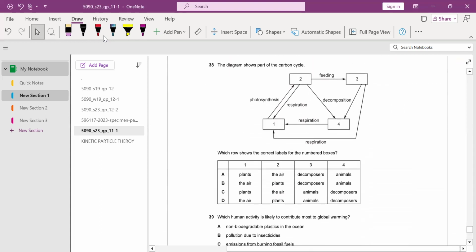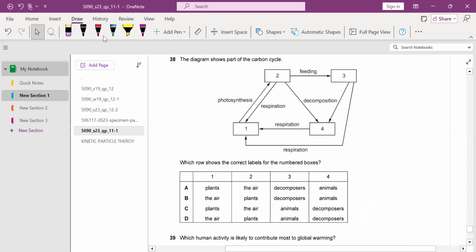Question number 38. The diagram shows part of the carbon cycle. This is the diagram showing the carbon cycle. Which row shows the correct labels for the numbered boxes?